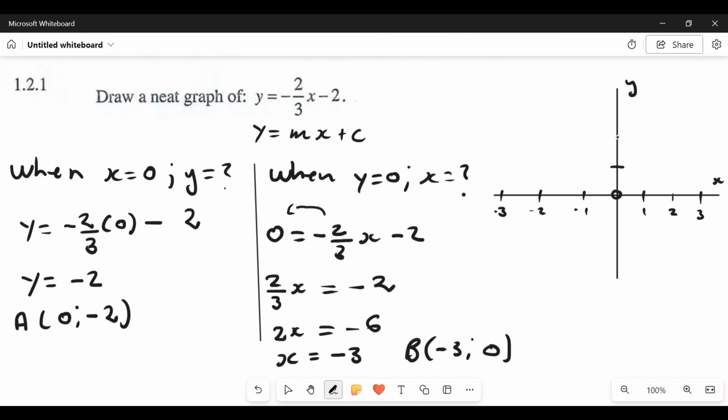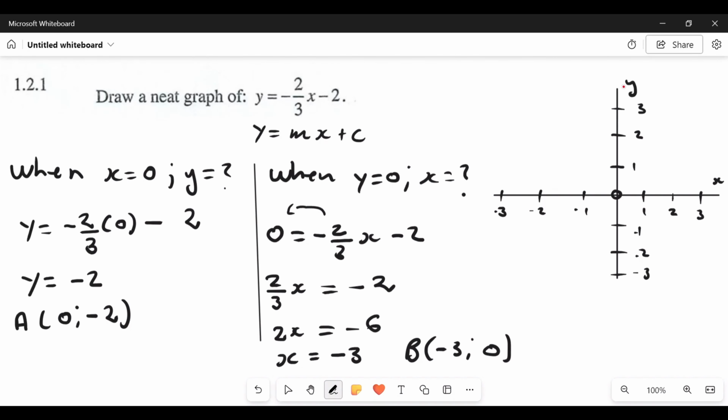Here is our Cartesian plane, guys. Please make sure that when you draw your Cartesian plane, you indicate your y and your x, and also show the negative side of the x and the negative side of y. Now let's look at point A. Point A states that when x is 0, y is negative 2.